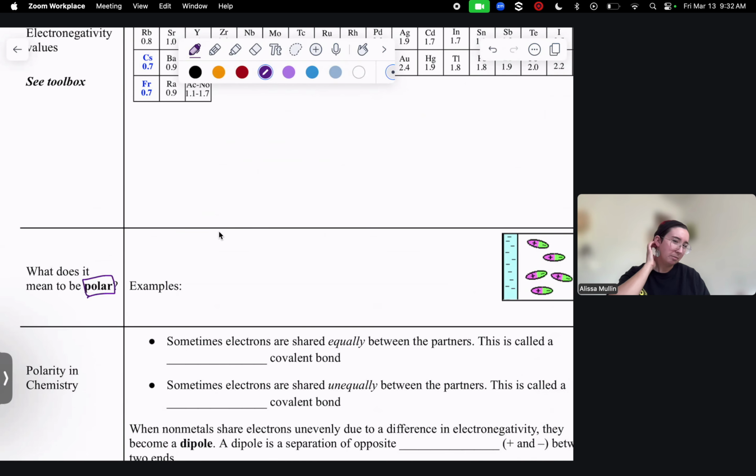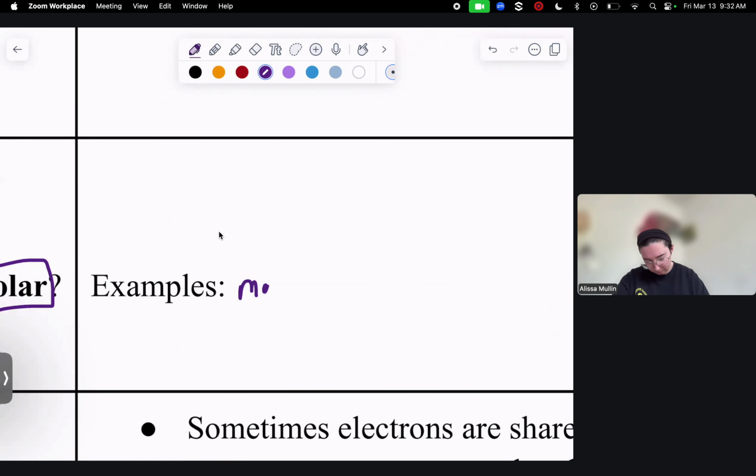Okay, so I bet you, we know some things that have poles. We've probably heard of that before, right? Like a magnet has poles. The Earth has poles.